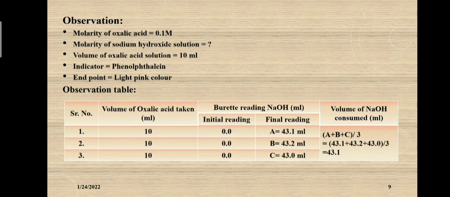Each time 10 ml of oxalic acid was taken, and the process was repeated 3 times. The initial burette reading of NaOH was 0 ml, and the final readings were 43.1, 43.2 and 43 ml respectively. The average volume is 43.1 ml, calculated by this formula.